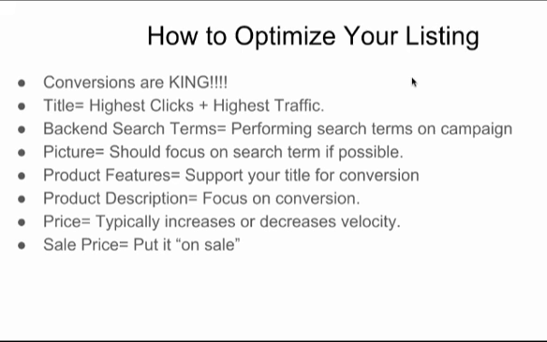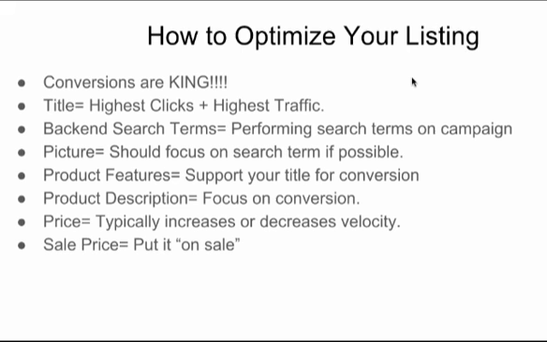So looking through this a little bit, the title has the heaviest weight for sure, without a doubt, when it comes to conversion. So the perfect formula is you find your word with the highest clicks. So remember when we looked at our sponsored ad, we want our one that has the highest clicks or highest click-through percentage plus the one with the highest traffic.